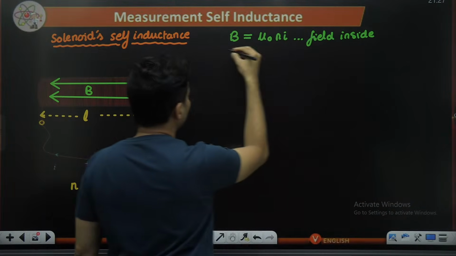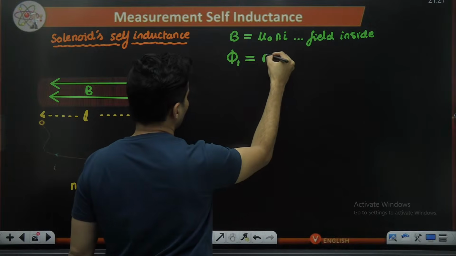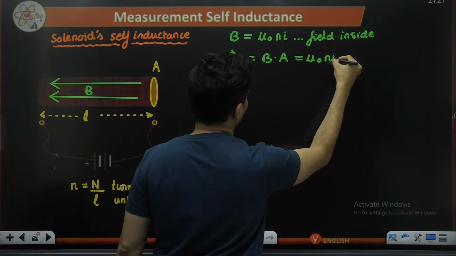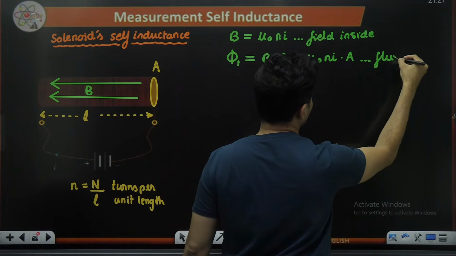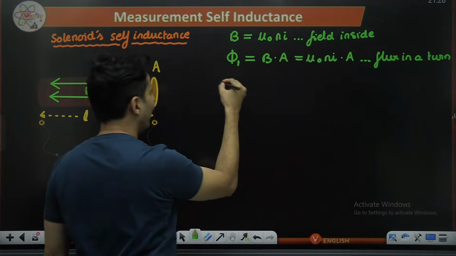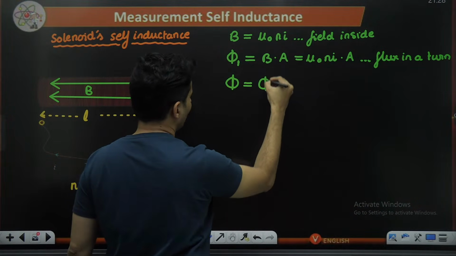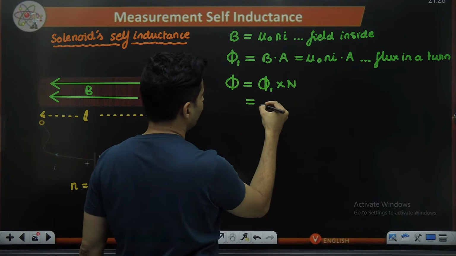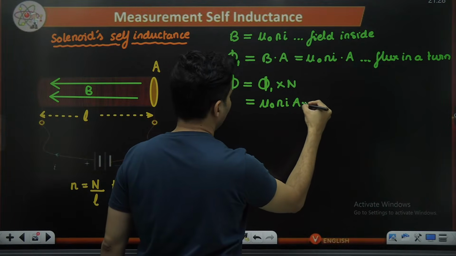If I calculate the flux through any one turn, it will be the field multiplied by the area, which is mu naught n i multiplied by area. This is flux in a turn. If I calculate the total flux, that will be flux through any one turn multiplied by the number of turns, which will make it mu naught n i A multiplied by N.